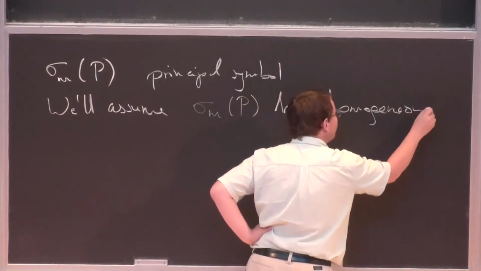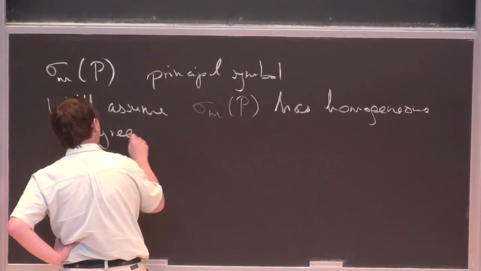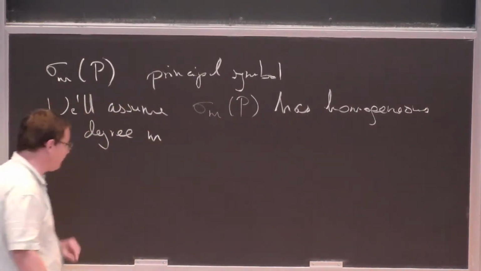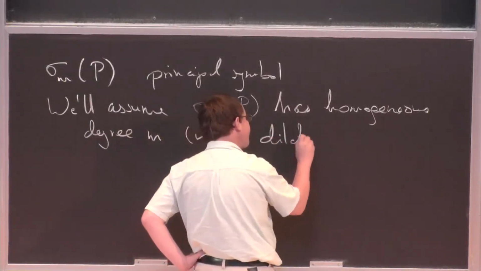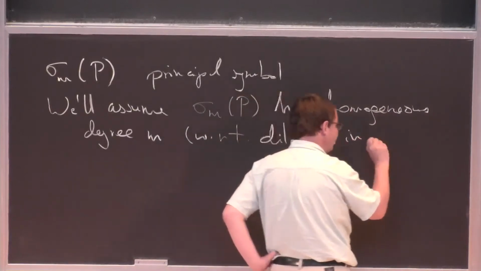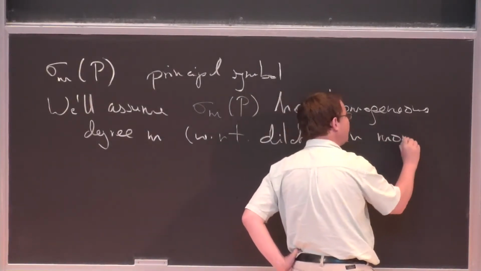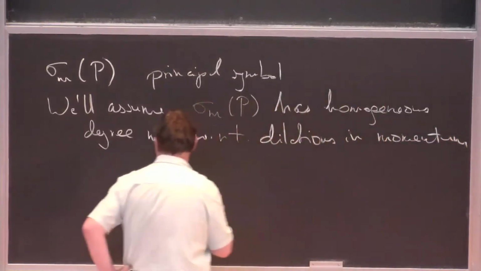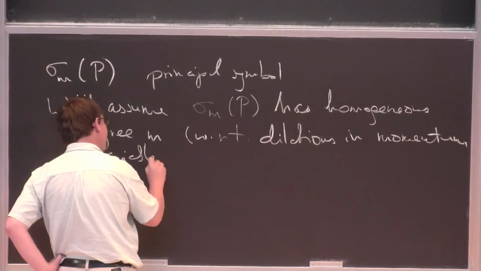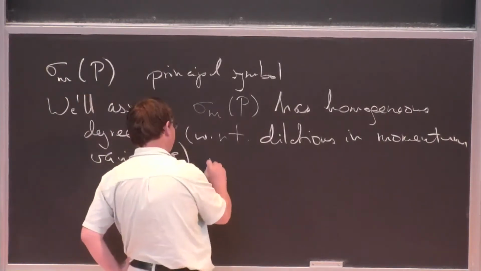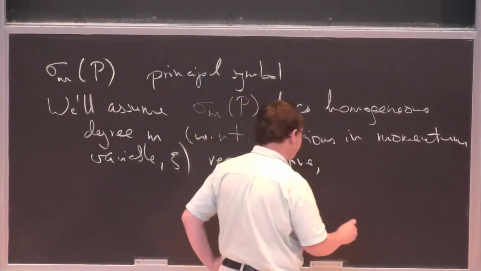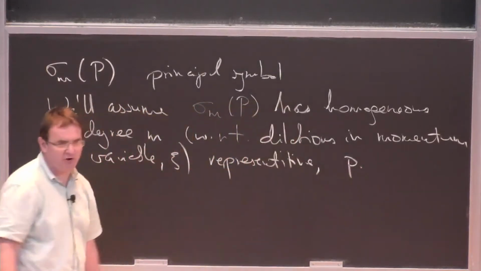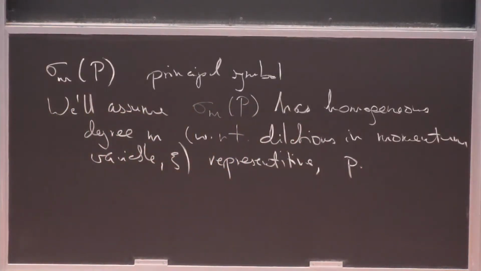Homogeneous of degree m, with respect to dilations in the momentum variable xi. I'm going to call this representative little p. Once you have two homogeneous degree m functions which differ by a symbol of order m minus 1, they actually have to be the same. So this is now unique.